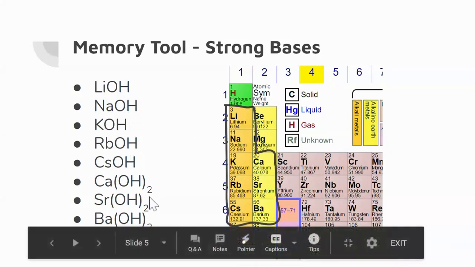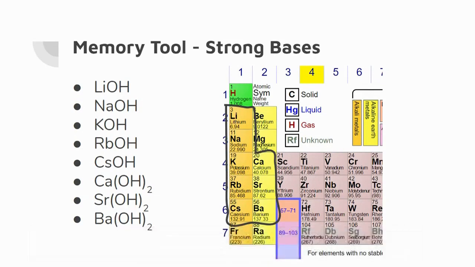The ones that have this 2 subscript are the ones that come from group 2. If you draw out what looks like the letter B, those are your 8 strong bases with the hydroxide on the end, and then a subscript 2 for calcium, strontium, and barium because they're in group 2 with a 2+ charge. So that would be a way for you to remember your strong acids and bases.